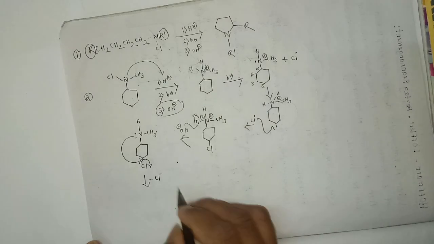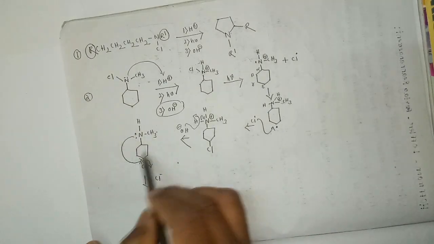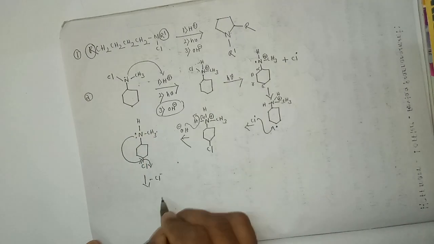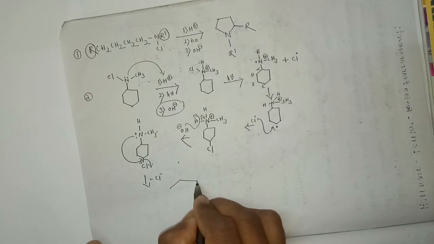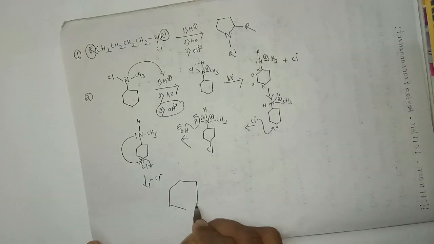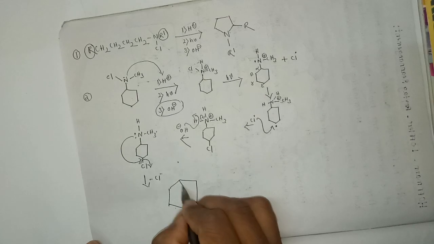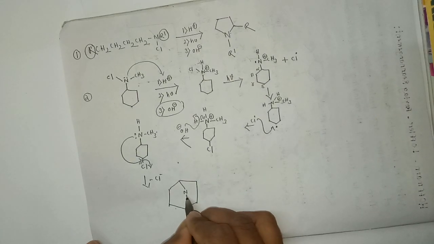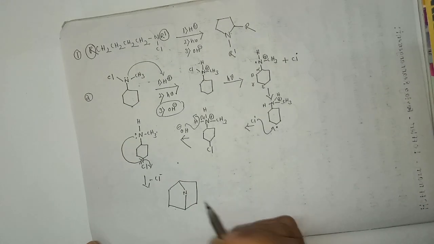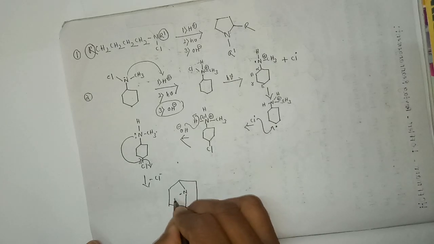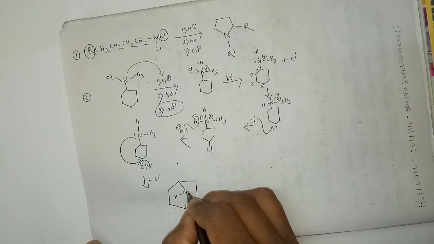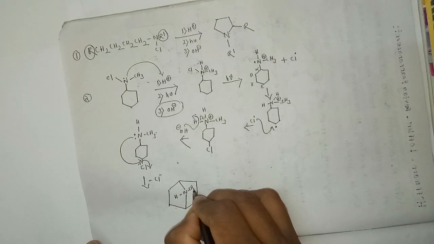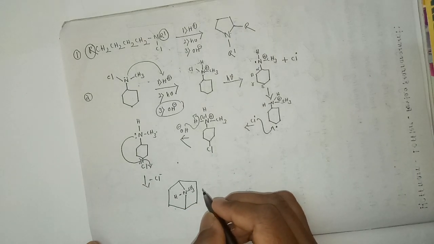Then we get this, which can also be written as nitrogen in this type of structure, with hydrogen and a CH3 group. Okay friends, so this is the structure.